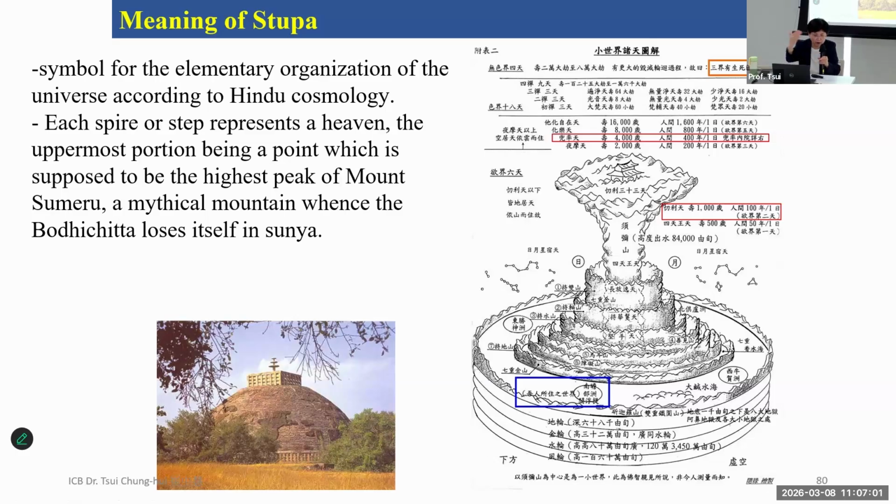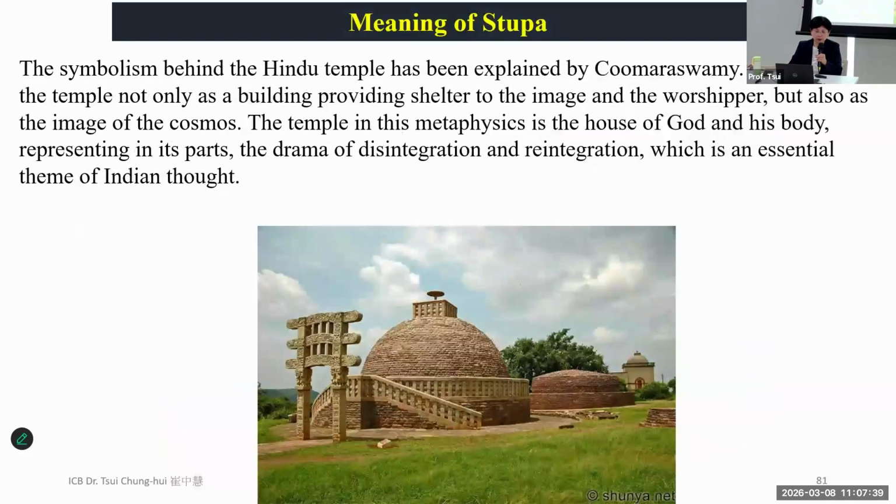Based on the structure of a stupa and the shape of Sumeru Mountain, with the design of the different realms of existence, each spire or step represents a heaven, the uppermost portion being a point which is supposed to be the highest peak of Mount Sumeru, a mythical mountain whence the bodhicitta loses itself in Sunya. So this is the highest achievement in Buddhist practice.